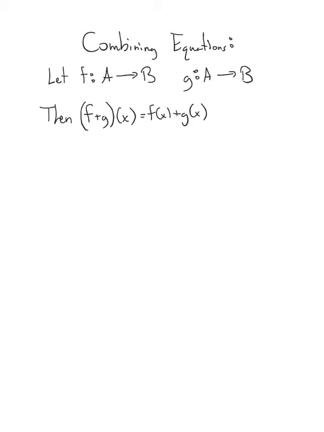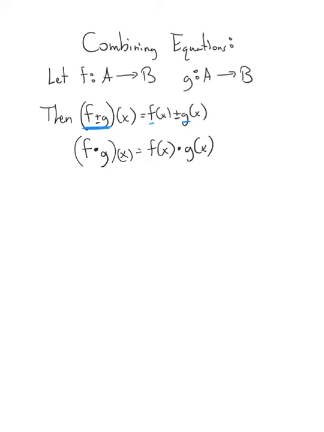So we can combine f and g to make a new function, f plus g. And there's nothing special about addition. You could subtract as well. You can also multiply f times g. So f times g of x is just f of x times g of x.